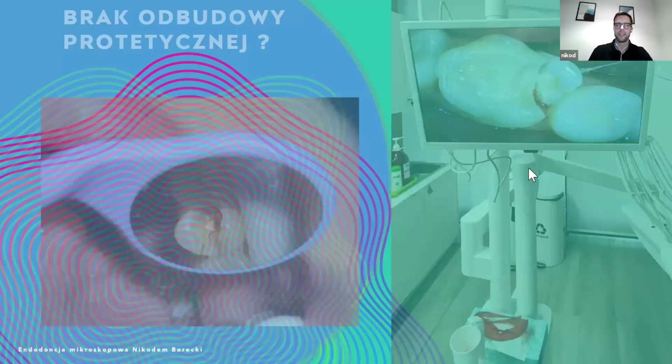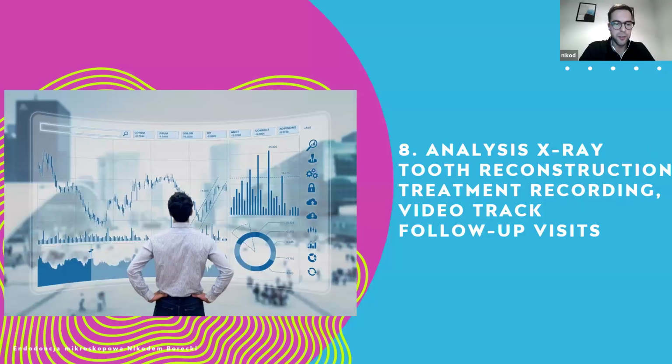And the next advice is analyze X-ray. We need to know if our root canal treatment is working. So I always recommend to visit the patient after half year, 1 year, and 2 years. We need to check if everything's fine.